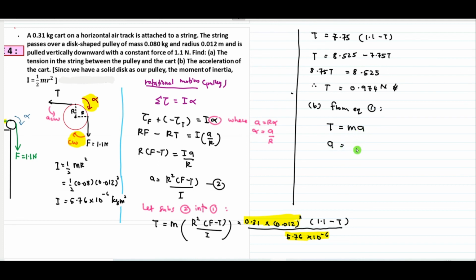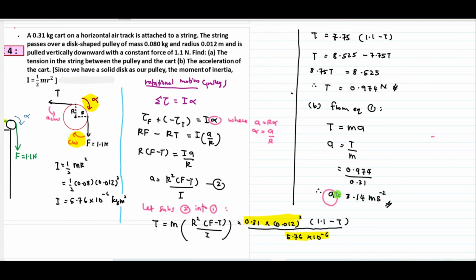So acceleration is equal to T over M. Substituting T as 0.974 and the mass of the card as 0.31, the acceleration is equal to 3.14 meters per second squared.